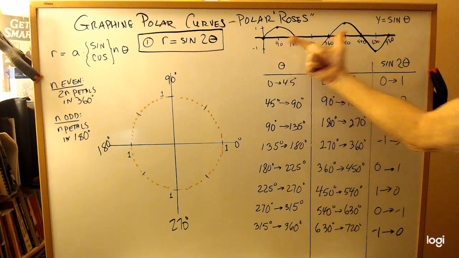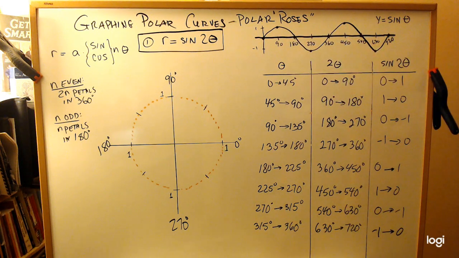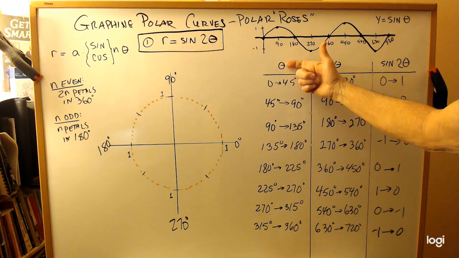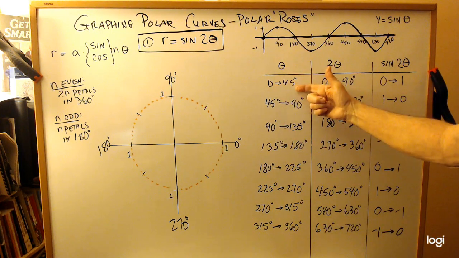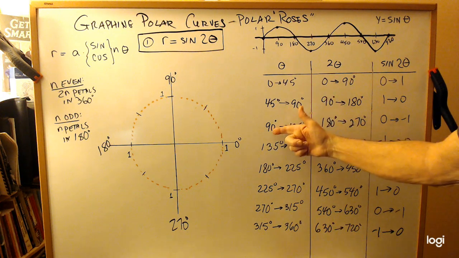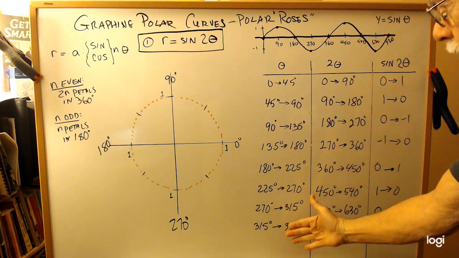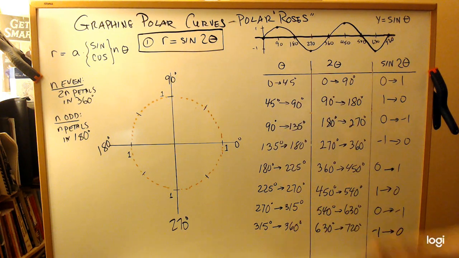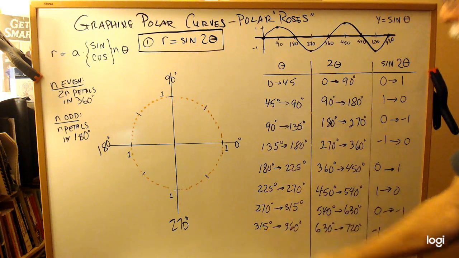That's the sine curve twice. And then we're going to look at theta going from 0 to 45, 45 to 90, 90 to 135, and so on, increasing 45 degrees each time.